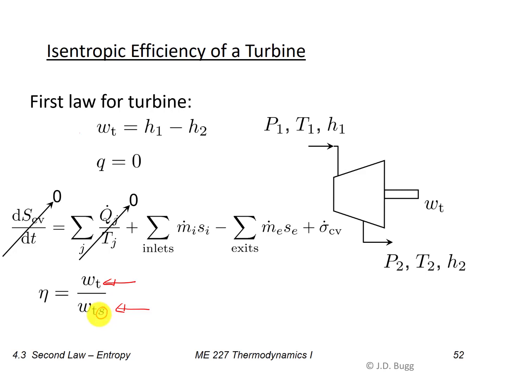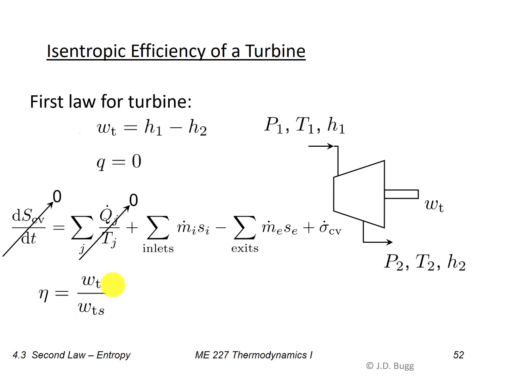That extra subscript S is going to show up quite a bit in the next little while, and it always means the same thing. It means this is what that value, and in this case the value is the turbine work, would have been if the process were isentropic. So it's not the real turbine work, it's the ideal turbine work.